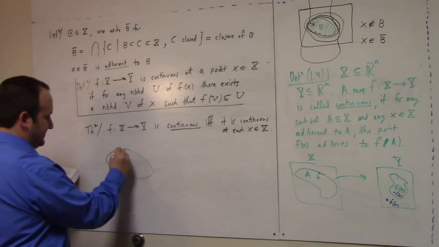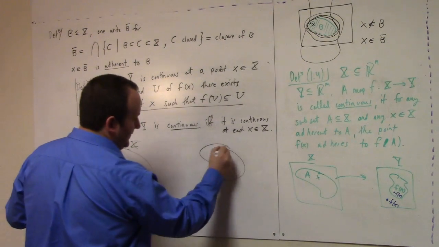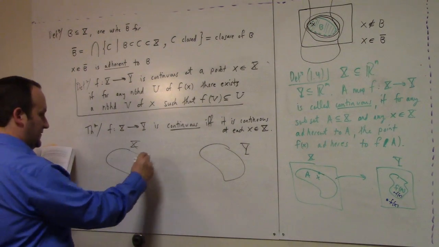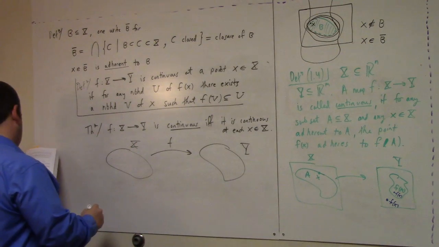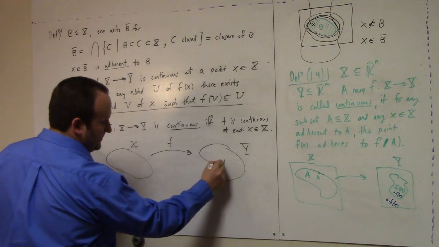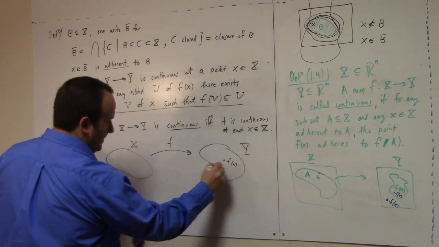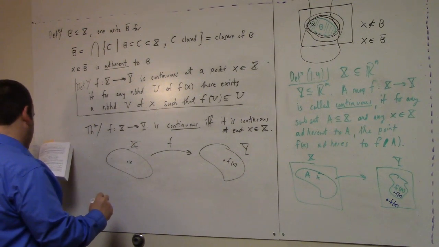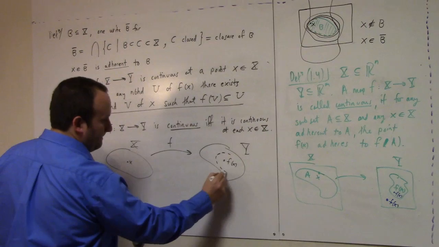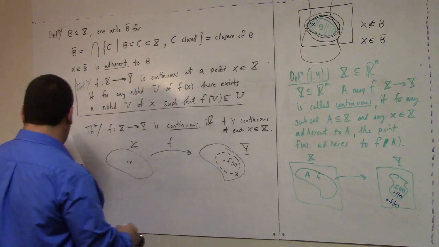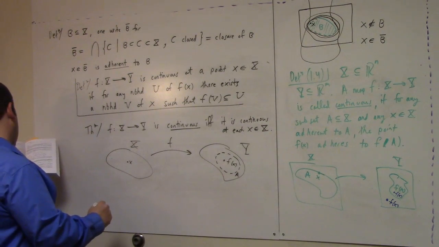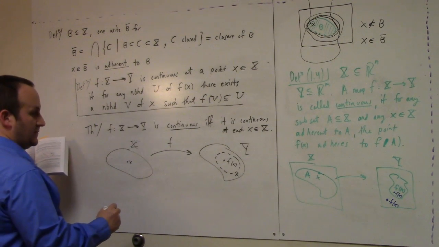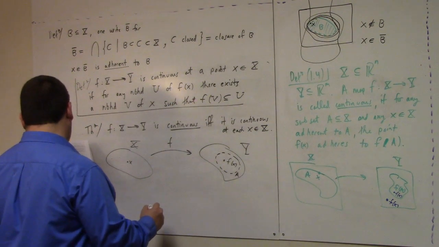So here's X. Here's Y. He says f continuous, neighborhood of f of x. So here's f of x. Here's x. Open set A of Y such that f of x is an element of A, which is a subset of U. Where's U?